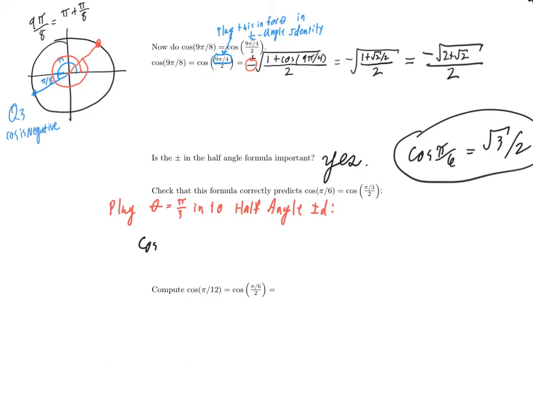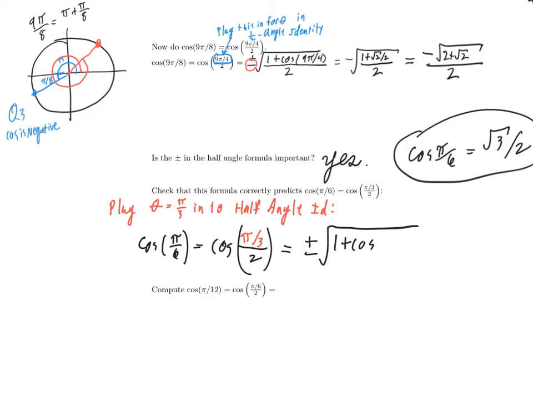Well, I'll see that the cosine of pi over 6, which is the same thing as the cosine of pi over 3 over 2, will be plus or minus the square root of 1 plus the cosine of pi over 3, all over 2. And now, well, we have to simplify.